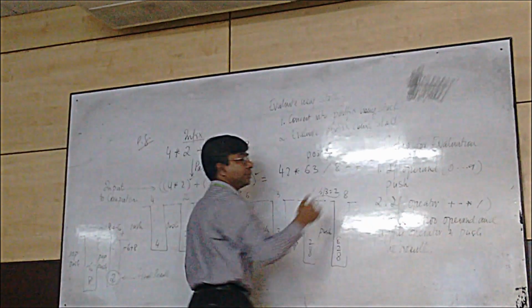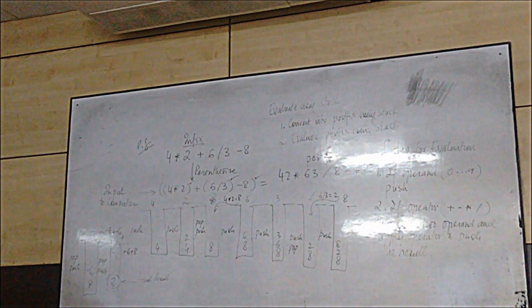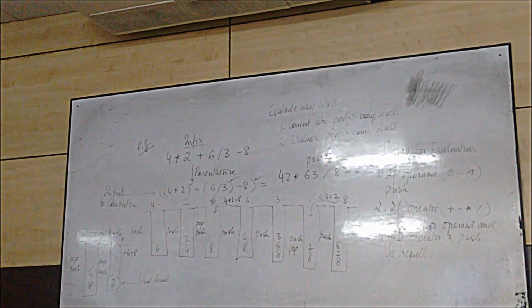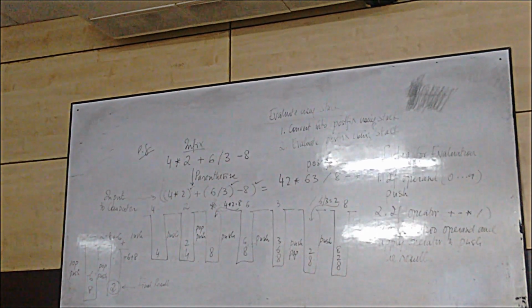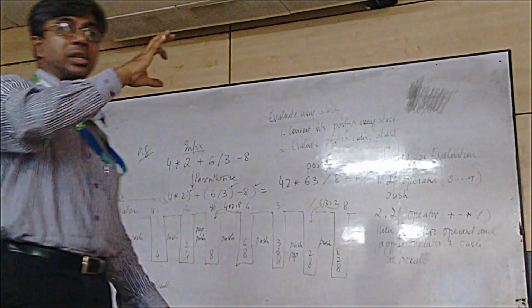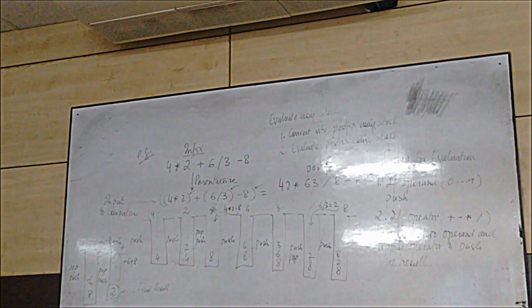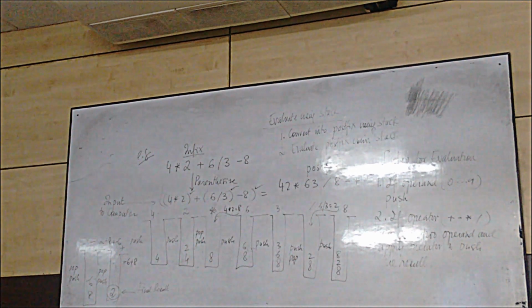Is it clear now? You have 2 operations all the time. First you convert into postfix using a stack, and after that you evaluate that postfix using a stack. So you have 2 series of stack operations. One set of operations is to convert, and the other set is to evaluate.